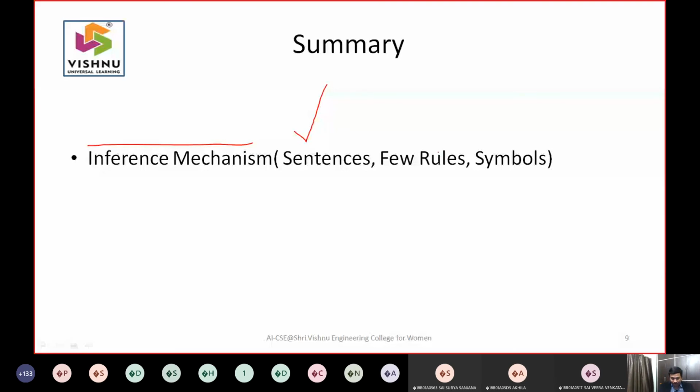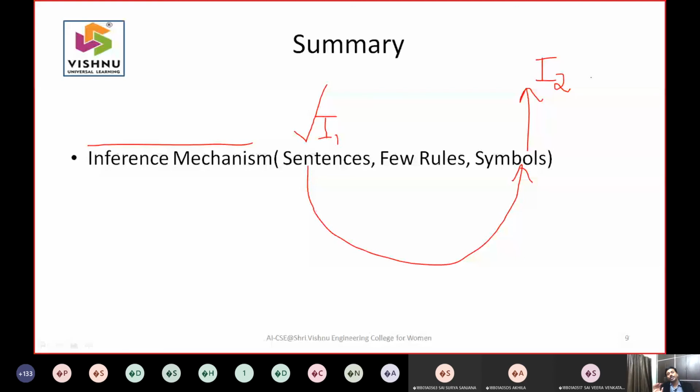Some of the inference mechanisms convert the sentences into symbols and they try to infer. These two are the second type of inference systems. The first type of inference systems understand the statements and they will infer. The second type of systems convert the sentences into symbols and they try to infer.